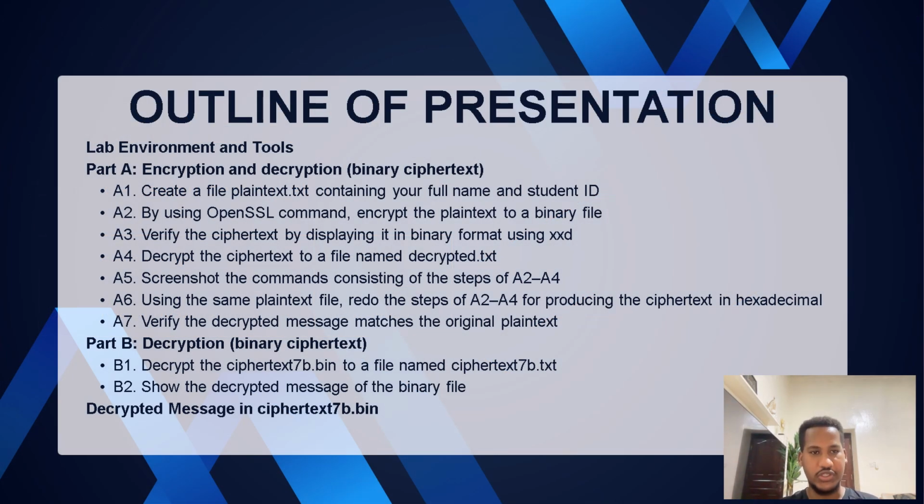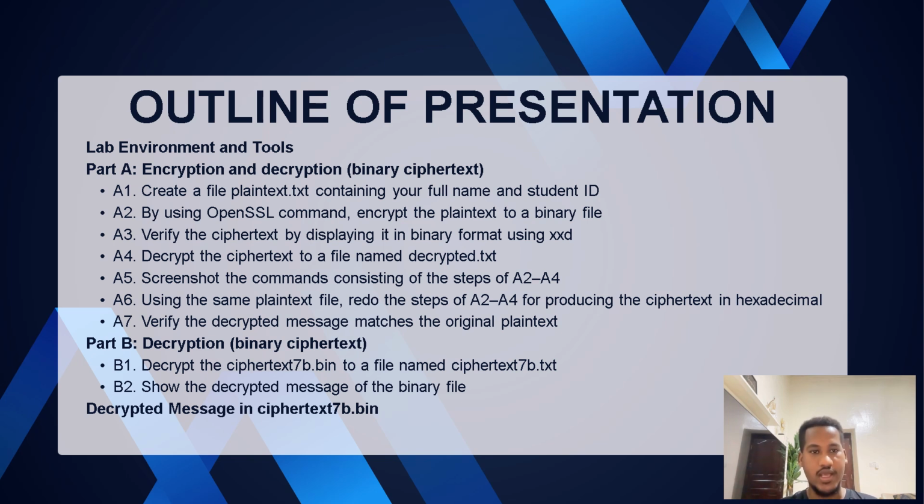Outline of the presentation. This consists of two parts, Part A and Part B, and the lab environment and tools. Part A is encryption and decryption of a binary ciphertext. We create plain.txt containing the full names and student IDs of each student.